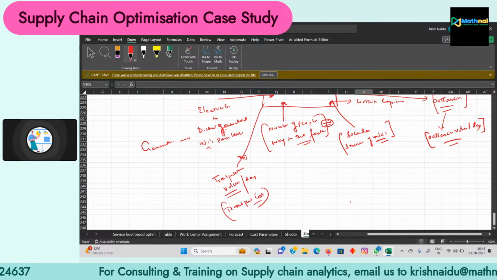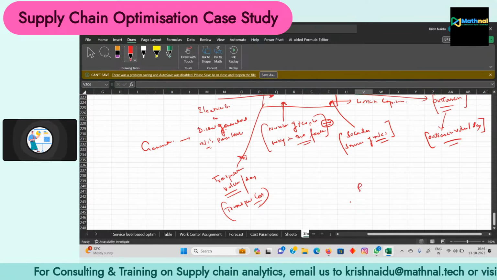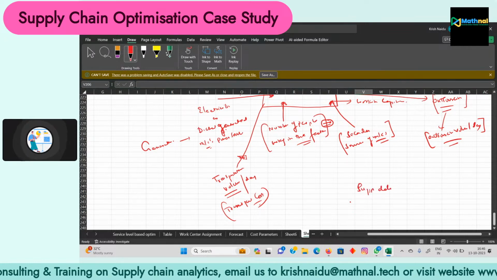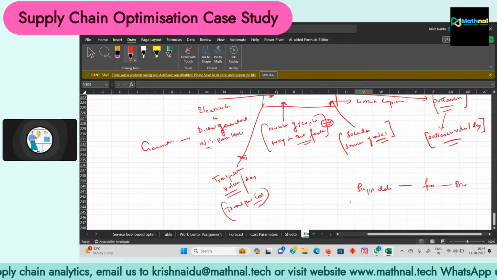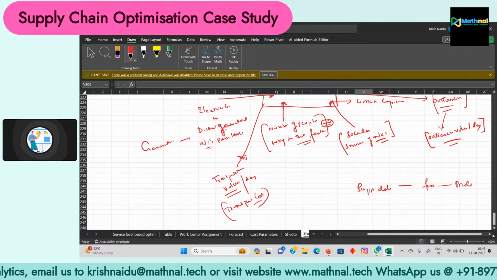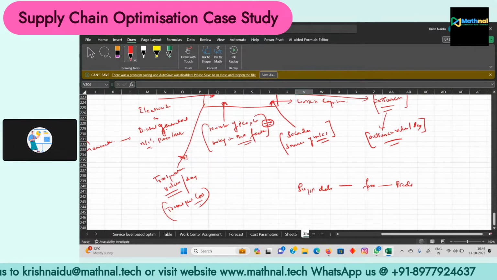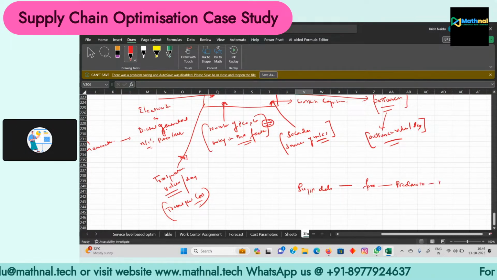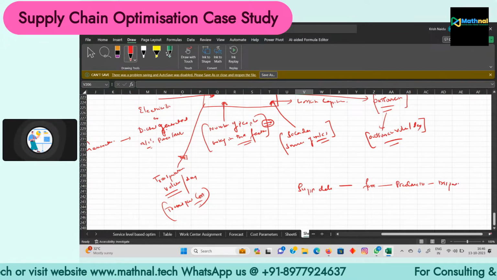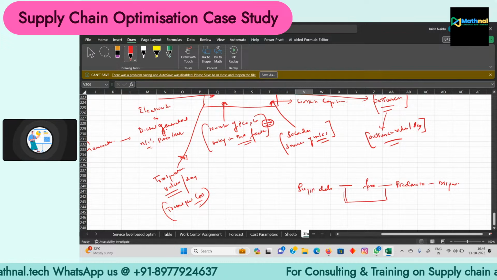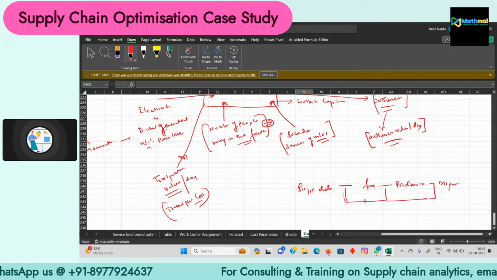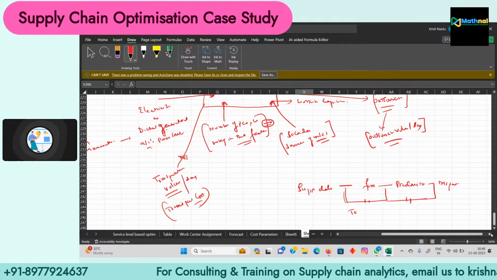Suppose your suppliers' delivery, your forecast, your production, and your dispatch, right, are all matching. But the transportation happening between supplier and production, and production and customer, is not matching.